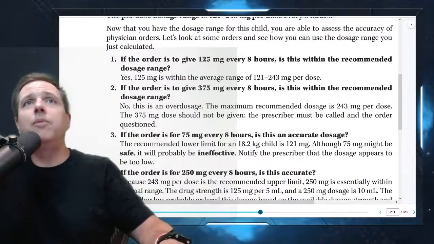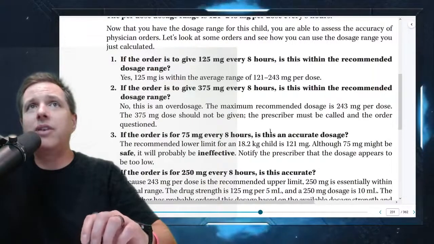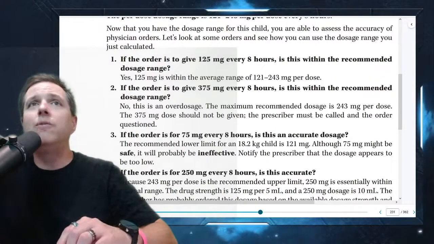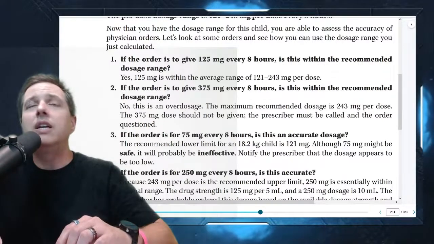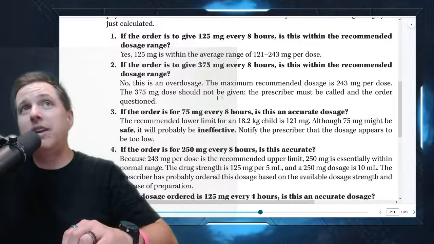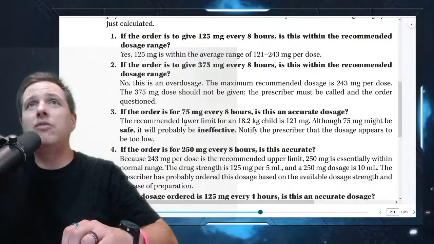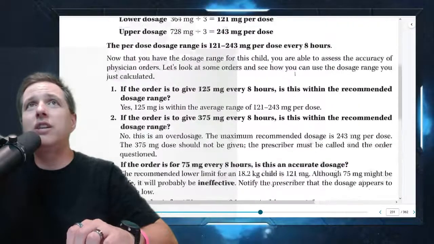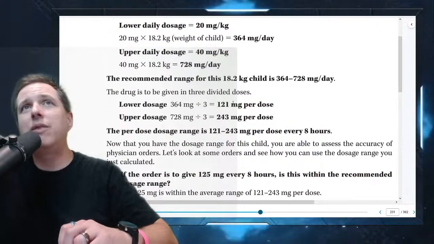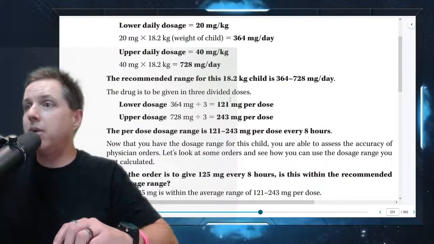Okay. If the order is 75 milligrams every 8 hours, is this an accurate dosage? Well, it's safe, or it should be safe. It's way on the lower end of things. It's not quite half, but it's close to half, maybe 60% of the minimum dosage.